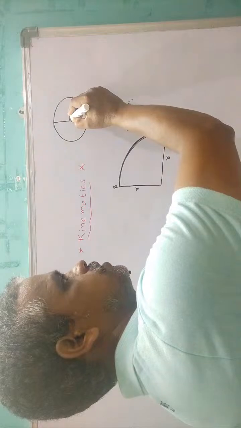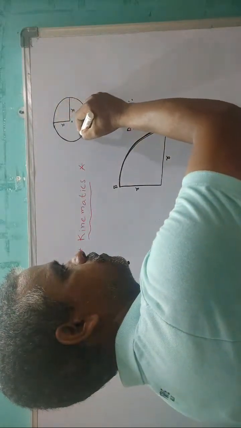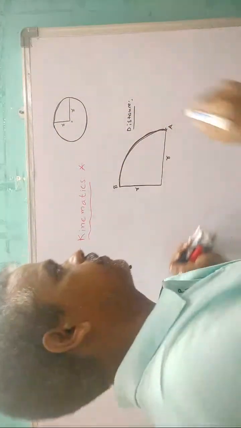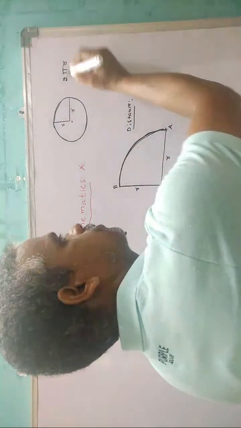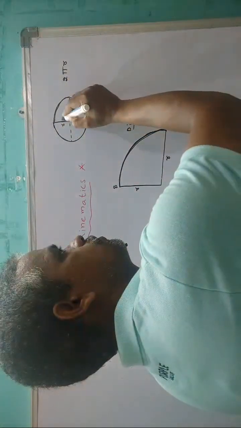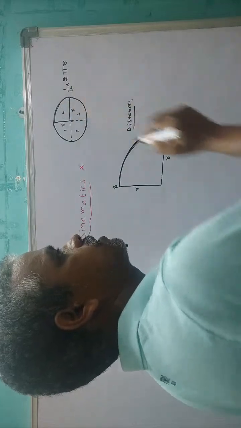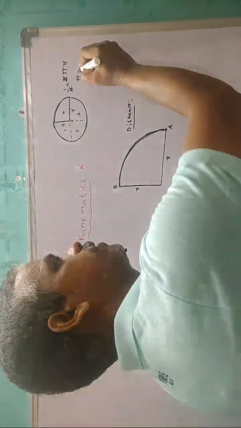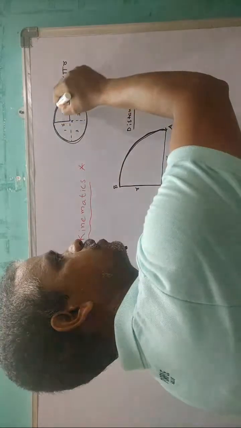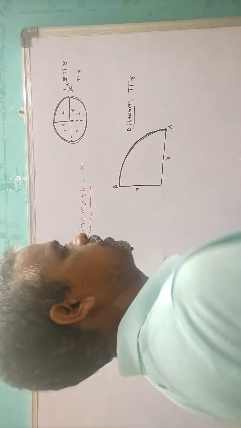This is the origin, this will be the radius. The total perimeter of this circle with radius r is 2 pi r, but I gave only this part, one fourth of it, that means a quarter circle. So you will get pi r. This is the pi r distance. The total length is 2 pi r, but we are taking only this part, which is pi r.